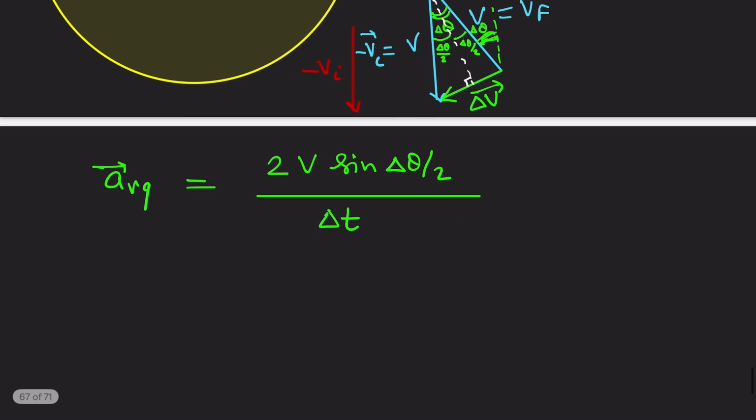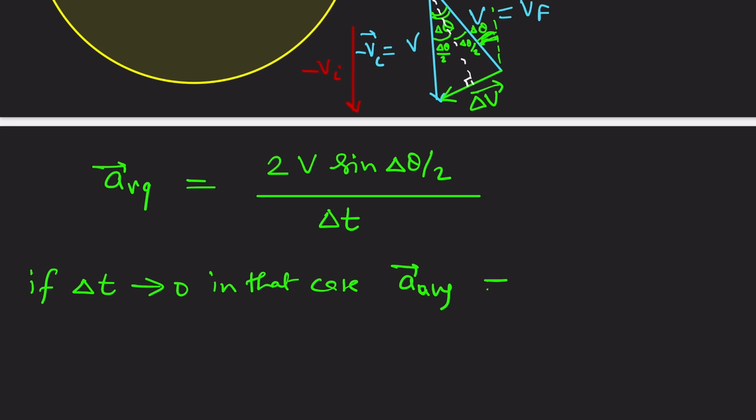Now guys, if this delta t is tending to 0, then in that case a average will tend towards a instantaneous. I hope you're getting my point.